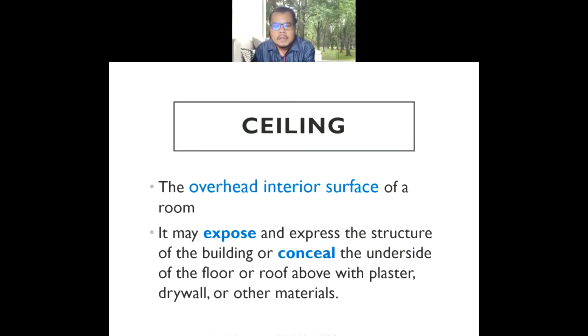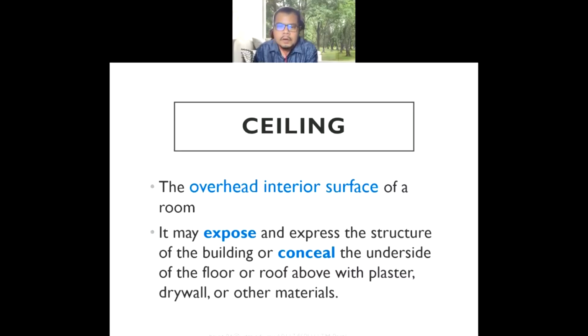What is a ceiling? A ceiling is the overhead interior surface of a room. It may expose and express the structure of the building, or conceal the underside of the floor or roof above with plaster, drywall or other material. Another definition is that a ceiling is a structure that covers the upper component of the floor.